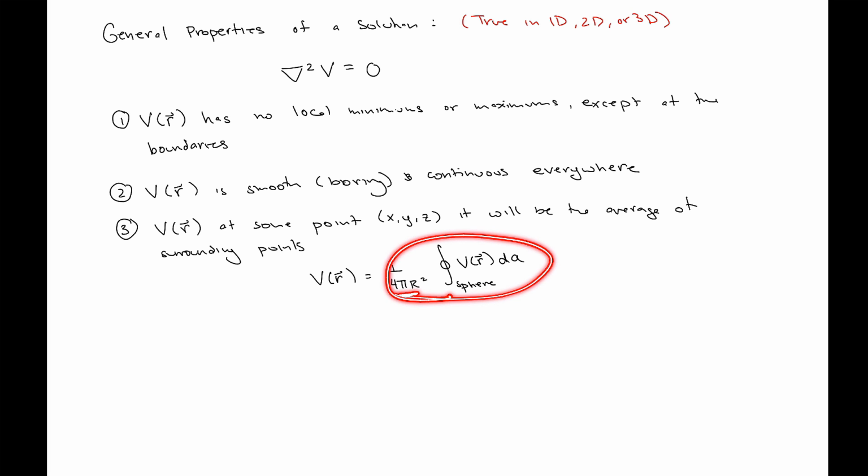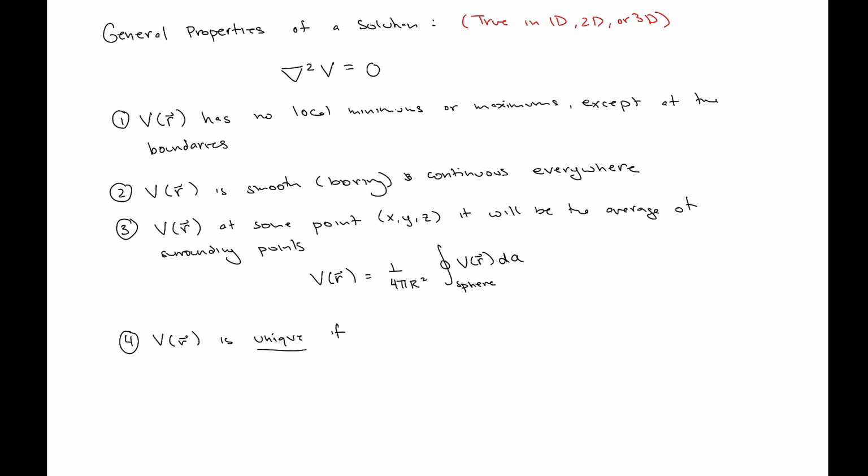This will give me the average value of the potential along that sphere. That's going to be equal to the value of the potential at the center of the sphere. We talked about that in the last lecture. The last bit is the most important for this lecture, and that's the idea that our potential is unique. This is big.